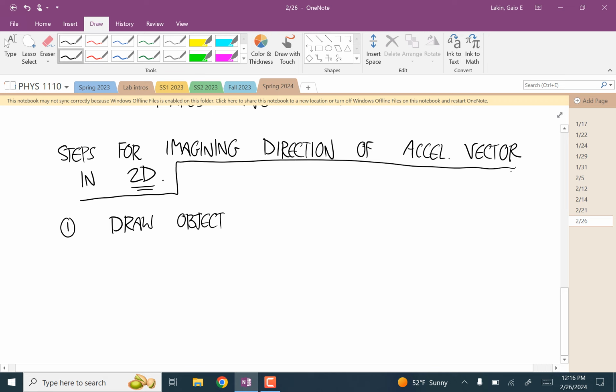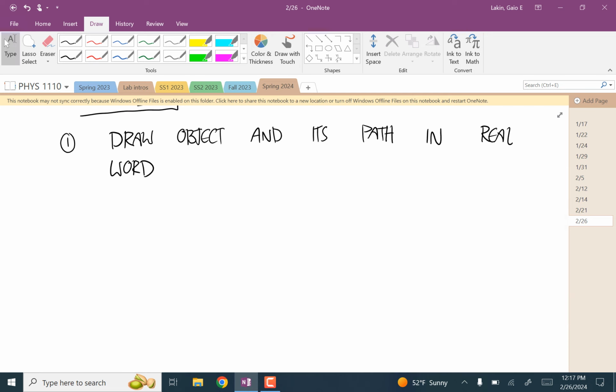So this isn't a position versus time graph or anything. For example, the object could be following a path like this, and this is the object at the instant that we care about. Let's say it's going that way along this path.